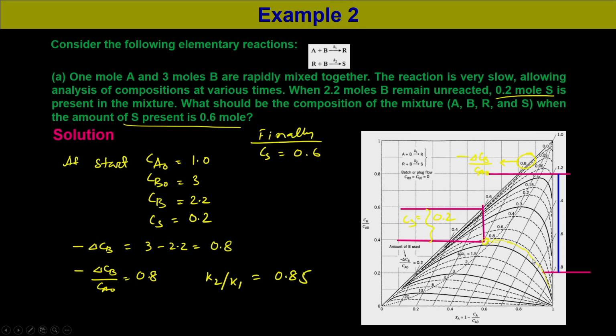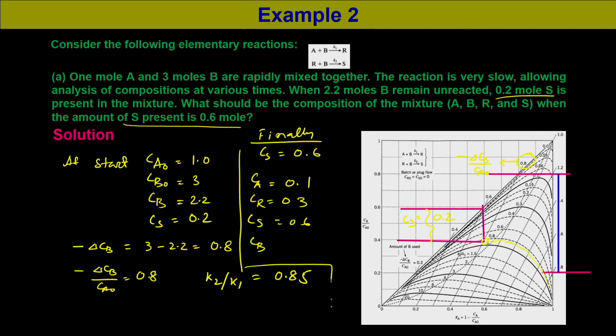We can calculate CA would be 0.1, CR would be 0.3 and Cs is given 0.6, and CB would be equal to 3 minus 2 into 0.6 minus 0.3, which is equal to 1.5.